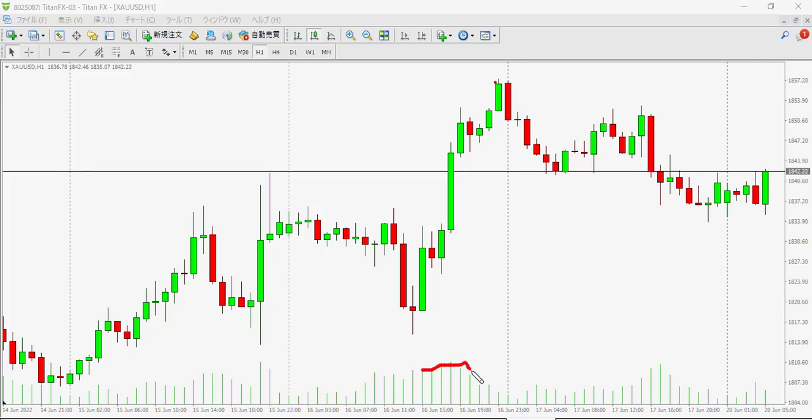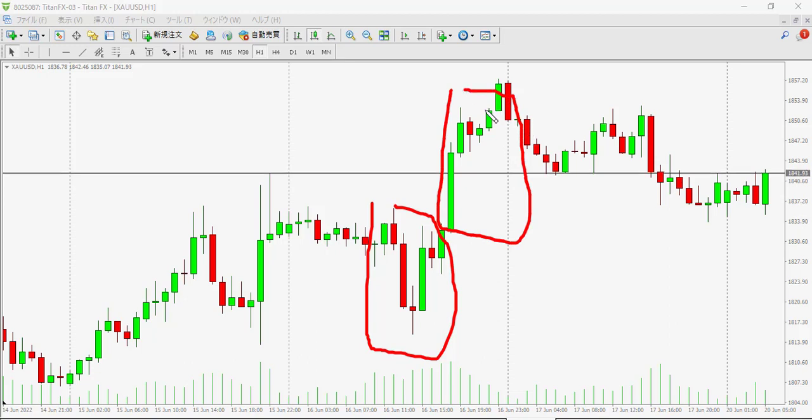The volume decreases here, and also the Asian time has low volatility. So filter this trading strategy. I recommend the Europe session and the American session, but do not trade the end of the American session. Low volatility.